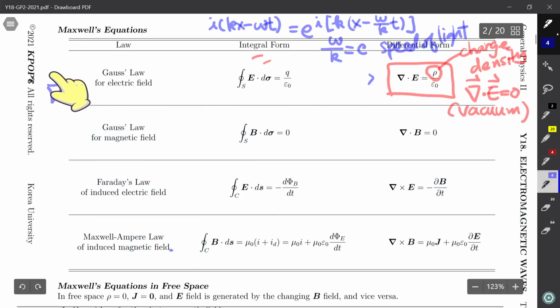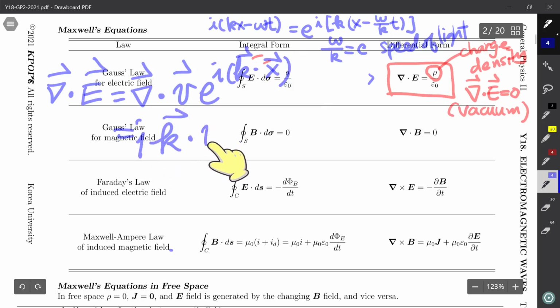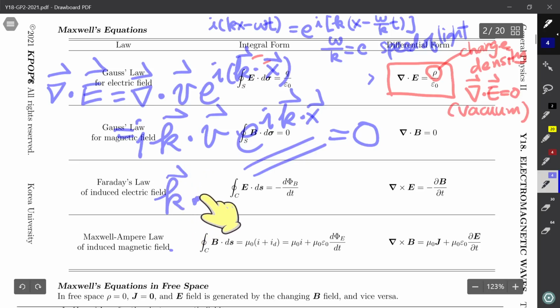Hence, the divergence of some vector times e to the ik dot x is actually ik dot the vector times e to the ik dot x. Because divergence E equals 0, and the exponential is never 0, we say k dot v equals 0.